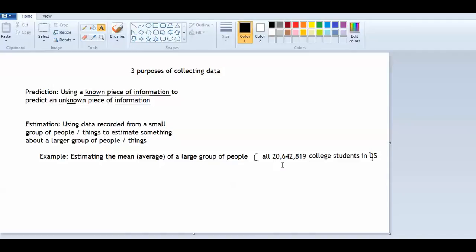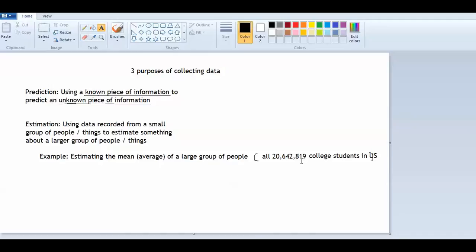Meaning you can use the average of your 1,000 volunteers to at least get a rough idea of what the average GPA of all of these college students would be. And I think I said this, but I'll say it one more time.